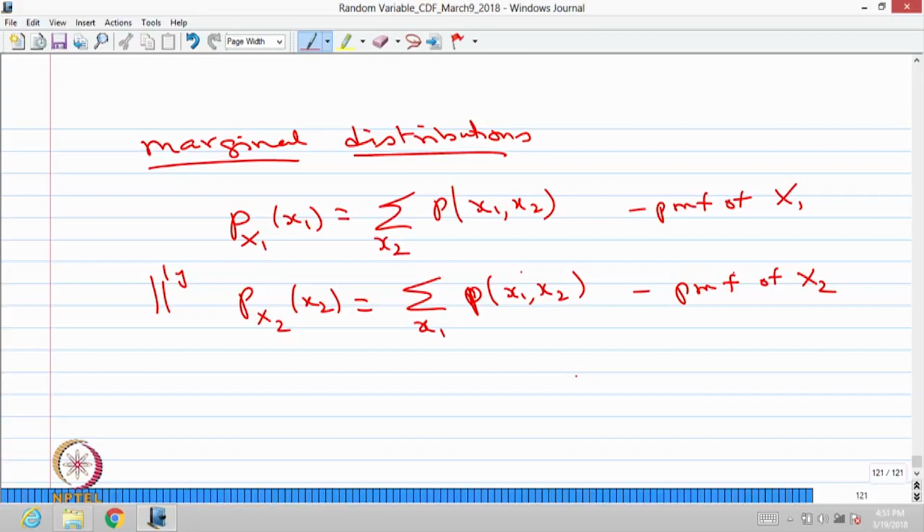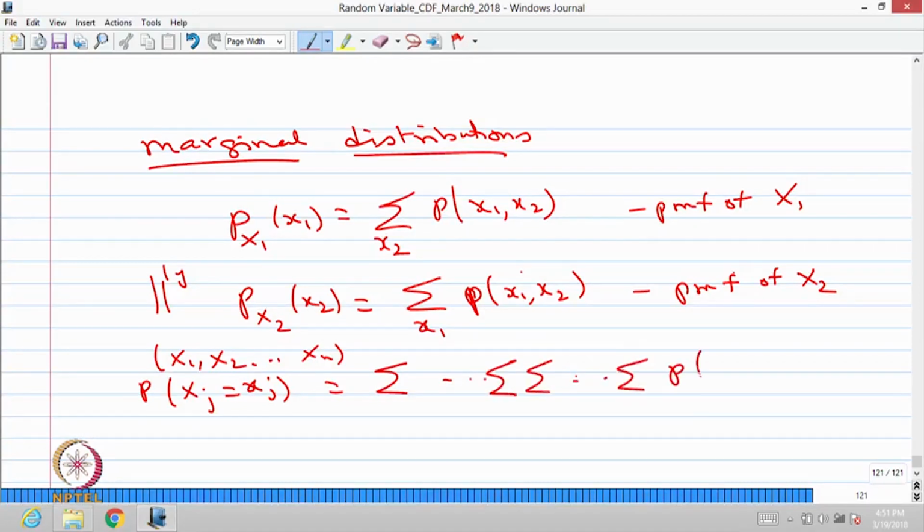The way we have done, we can go for n-dimensional random variable, then we can get the probability mass function of any one random variable by summing over the joint probability mass function of x1 to xn except the jth variable xj.